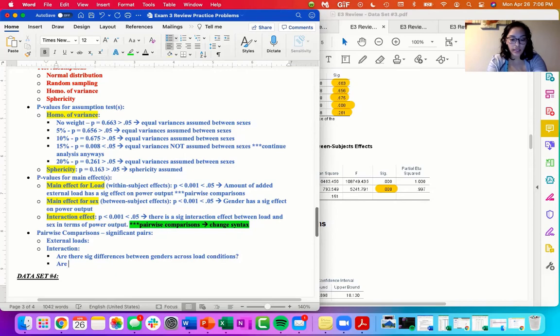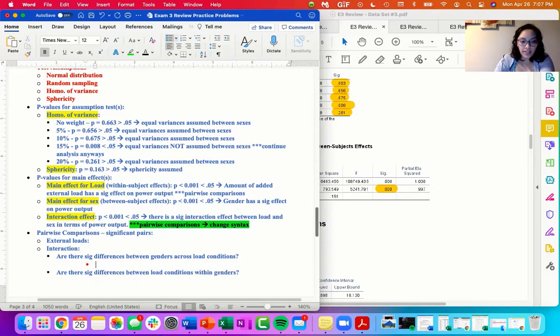Or we could ask it, are there significant differences between load conditions across genders or within genders? Across or within, those are interchangeable. I'll just write both of them. Within genders. Okay. Which one is which? I think that's the bigger question for most of you.